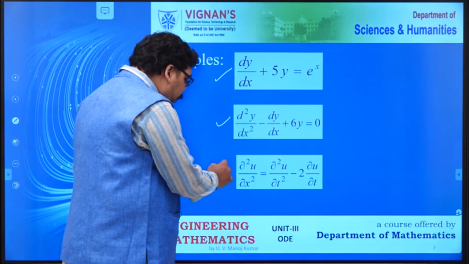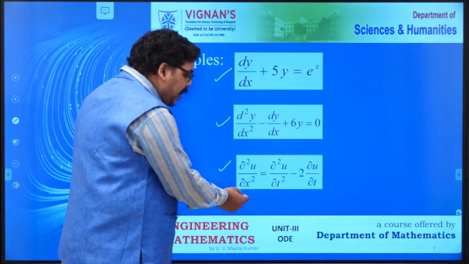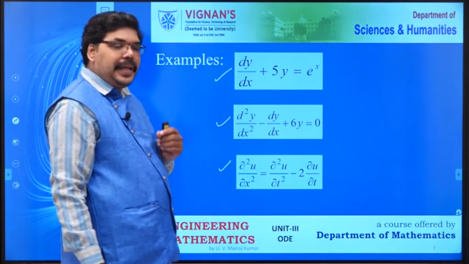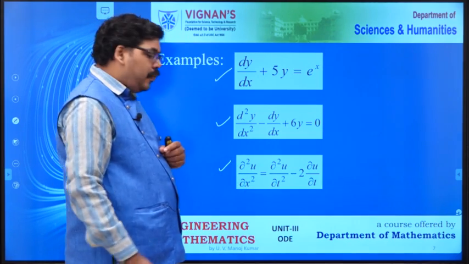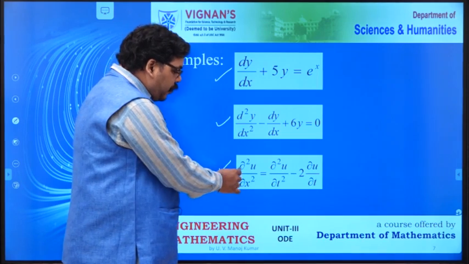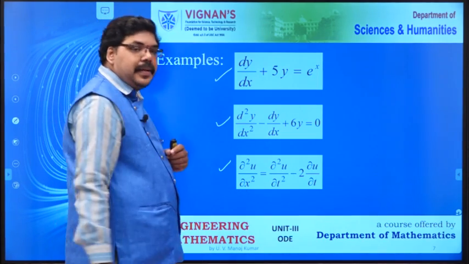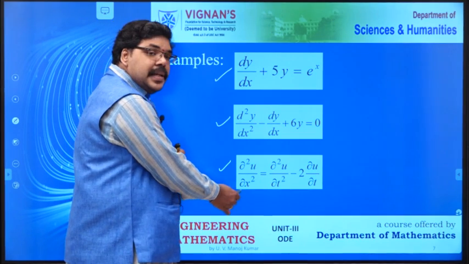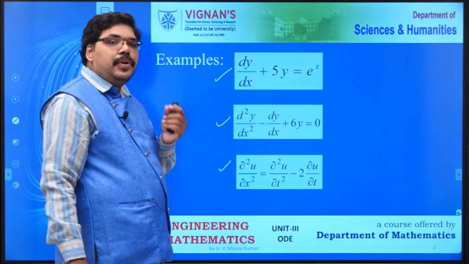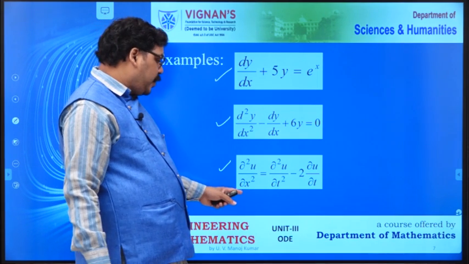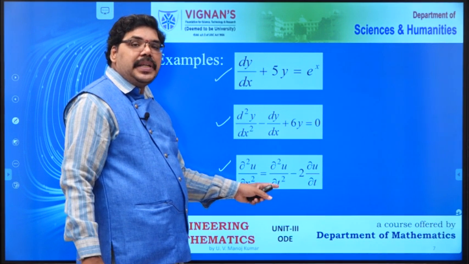And this third one is called a partial differential equation, because it involves partial derivatives. Here u is the dependent variable. If you see the LHS, dou square u by dou x square, we are differentiating u twice with respect to x. Whereas on the RHS, we have dou square u by dou t square.